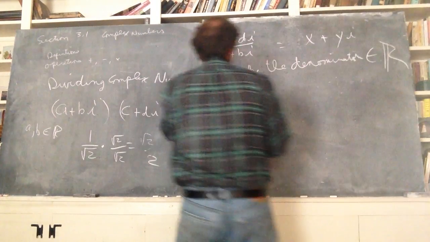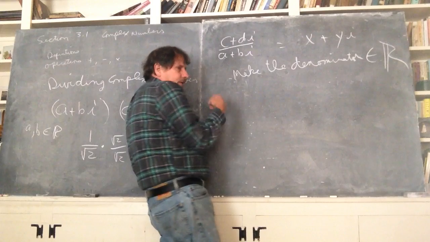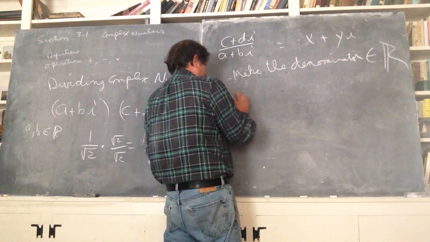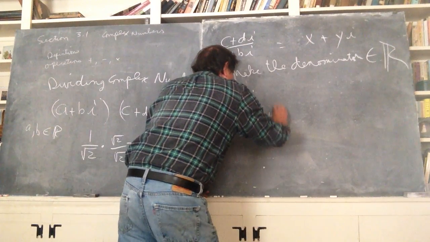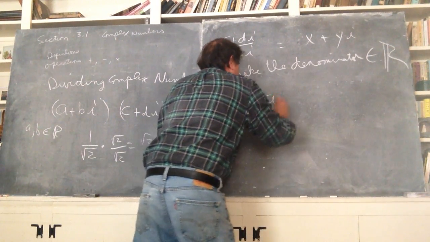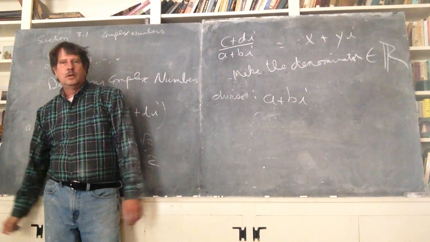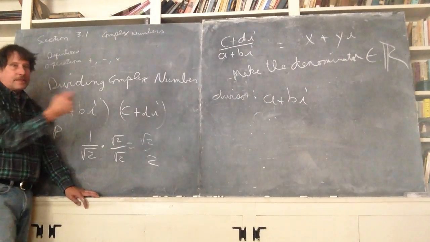So let's just look at the denominator, the bottom, the divisor. It's a plus bi. We want to make this a real number, so we want to multiply by something. Here we chose the square root of 2 to make that a real number.